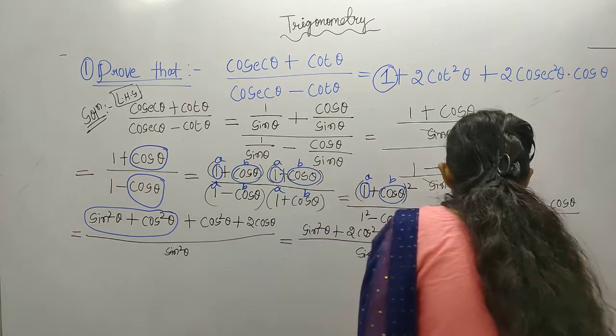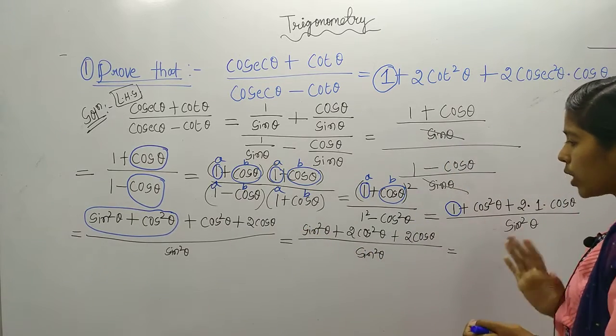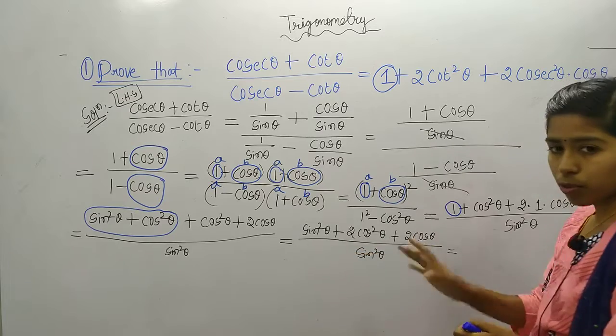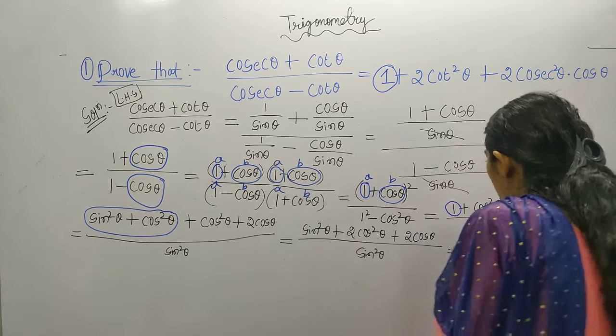Okay, next, here you see we got this much terms. Now what will we do? We will divide each term by sin square theta, because sin square theta is there in the denominator. So what will it become now?